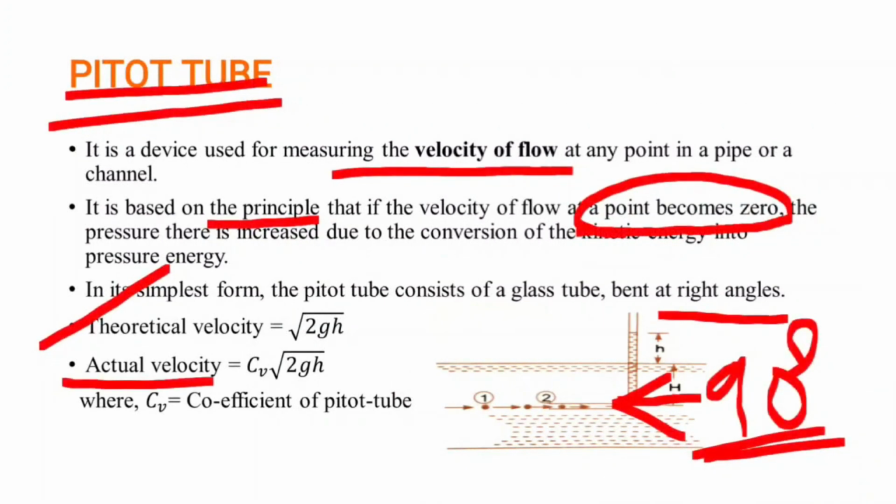The actual velocity will be Cv into root 2gh, where Cv is the coefficient of velocity. We don't need any derivations, we just remember the formula to solve the problems. If you need them, please text me, I will make a document on the derivations also.